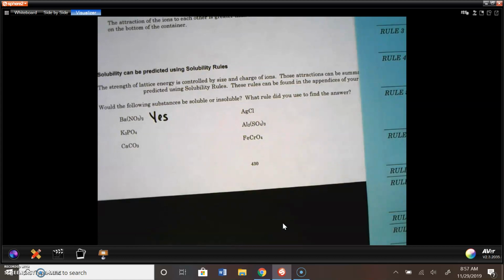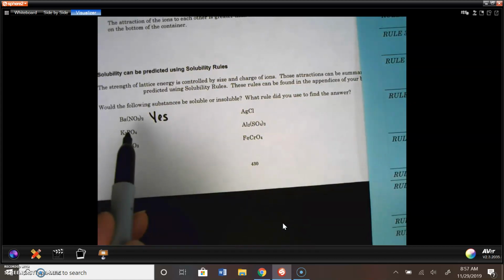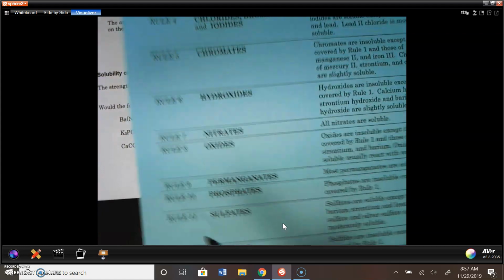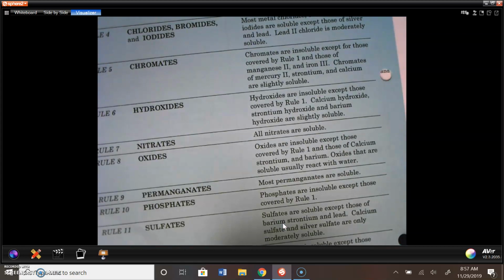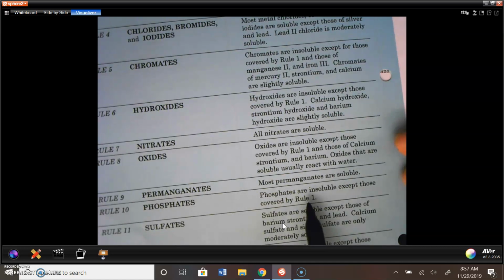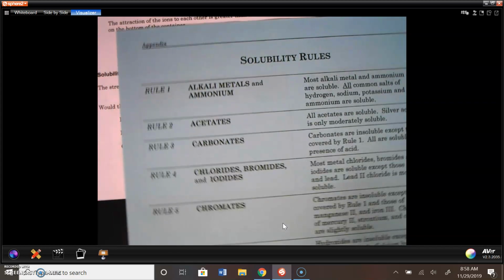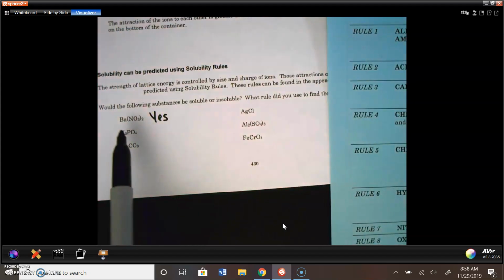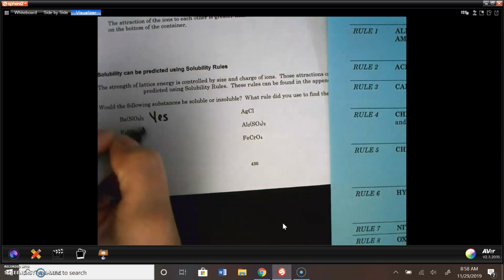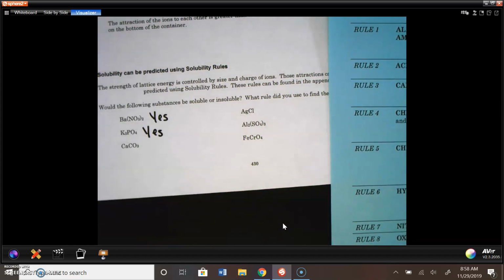Okay, what about potassium phosphate? So what am I going to do? I'm going to go to the phosphate rule. Okay, so there's the phosphate rule. Phosphate rule says all phosphates are insoluble except those covered by Rule 1. Now remember, Rule 1 was alkali metals are always soluble. Potassium is an alkali metal, so yep, that's going to dissolve in water.